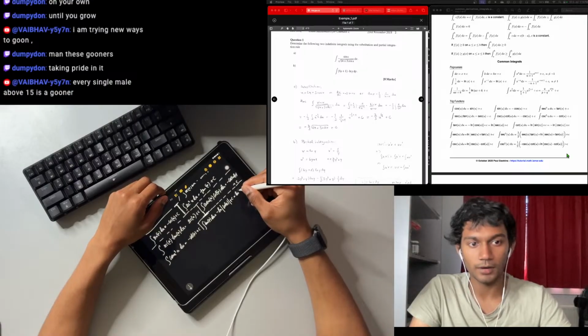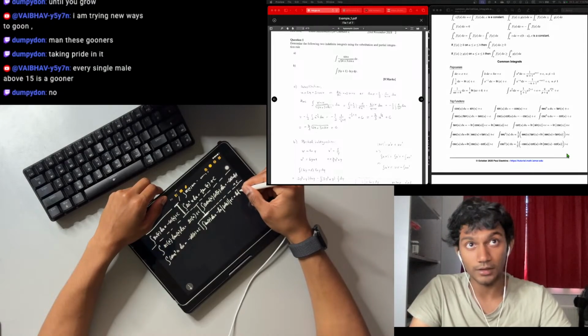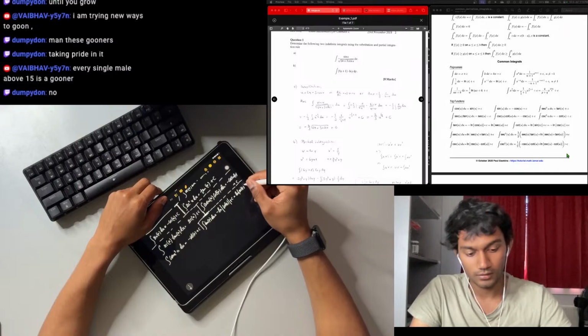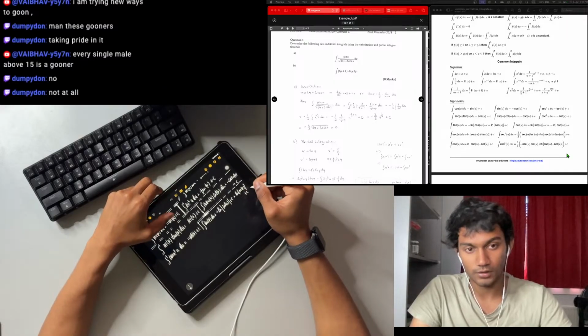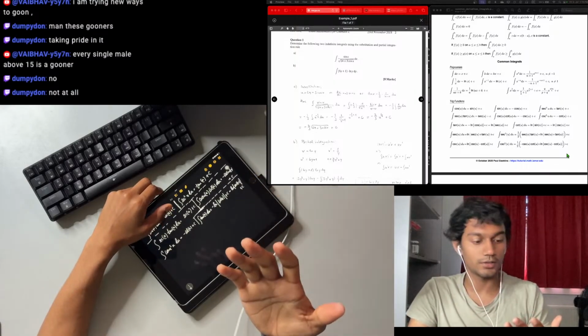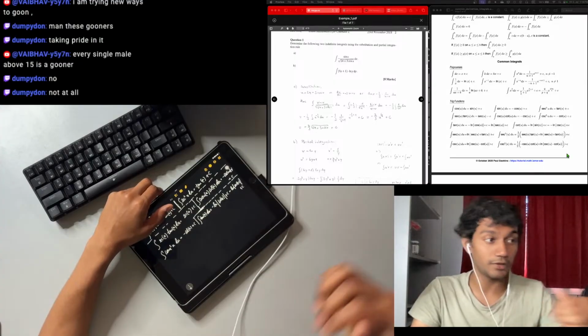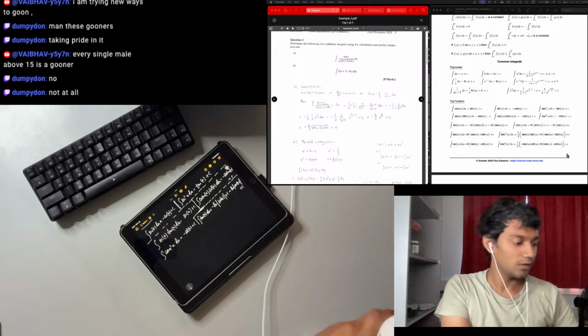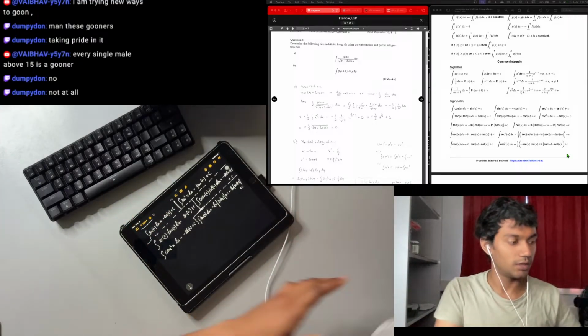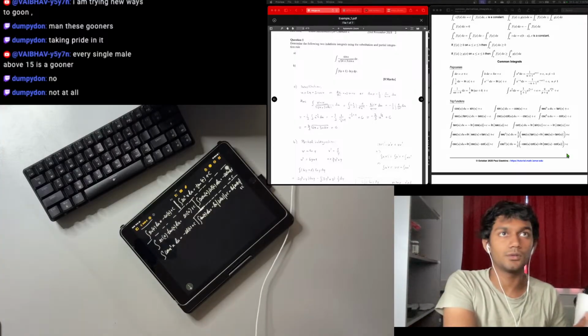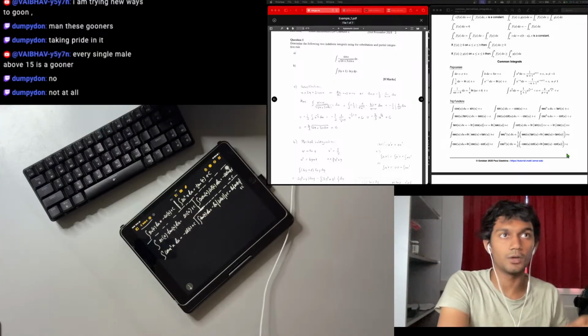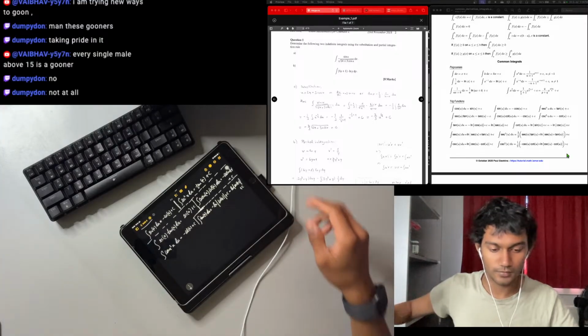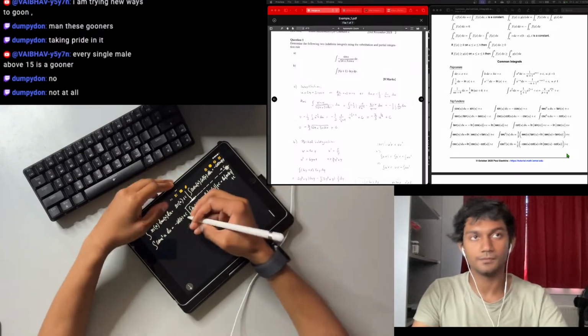Every single male above 15 is a gooner. From what I understand, it's not just male. It's not a male thing anymore. It's both genders. Everyone's a gooner, or most of them.